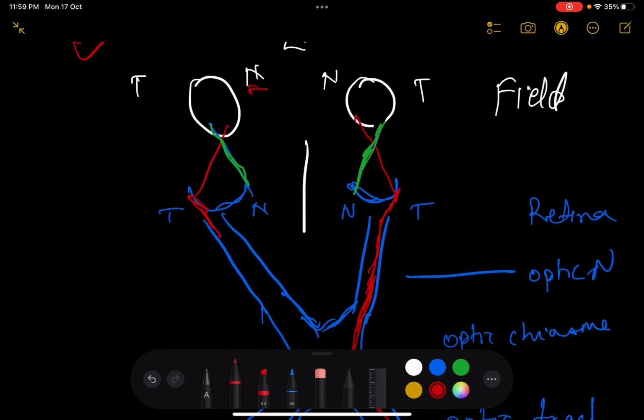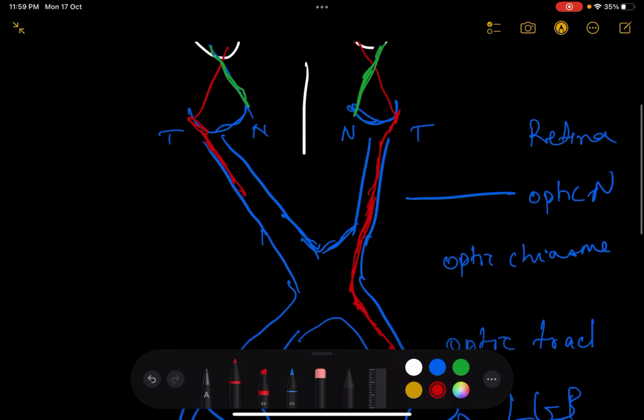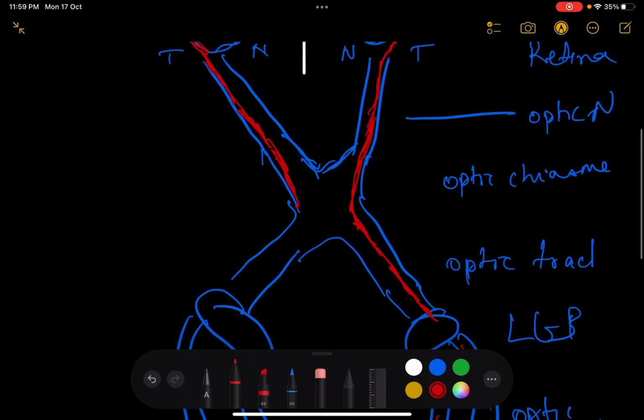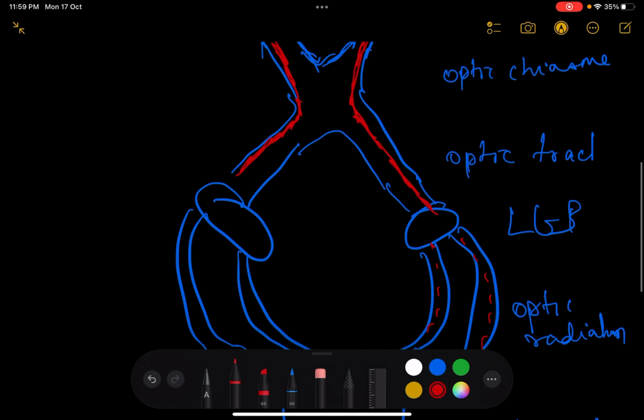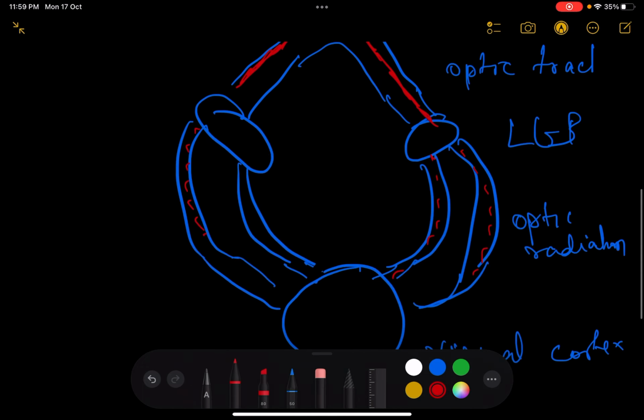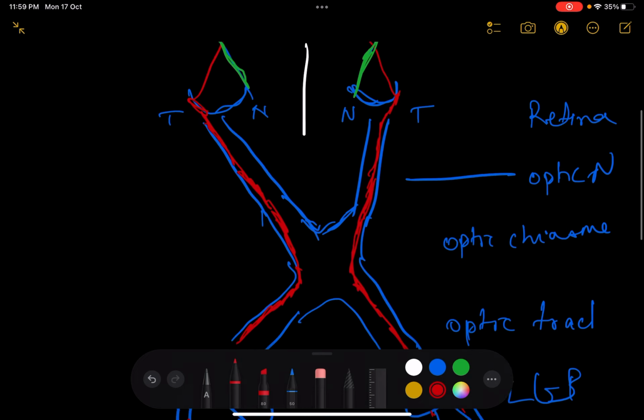And because it's temporal, it does not cross at all. So what I'm saying is that the temporal fibers arising from the temporal retina never cross. They reach the lateral geniculate body, and they just reach the visual cortex.